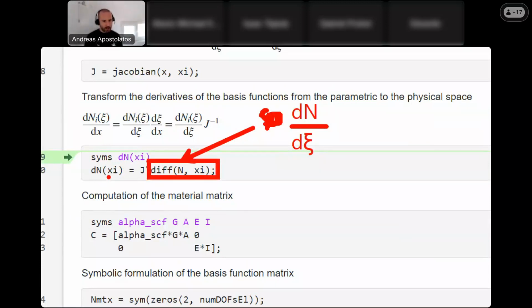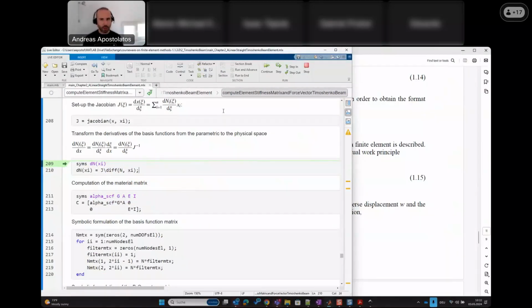And afterwards, the expression we compute out here is dN/dx, right? So you see, we're using the Jacobian here. We actually use the inverse of the Jacobian, because you see the backslash operator in MATLAB, which means inverting a system to compute the physical derivatives using the parametric derivatives. Any questions here are more than welcome if you have any.